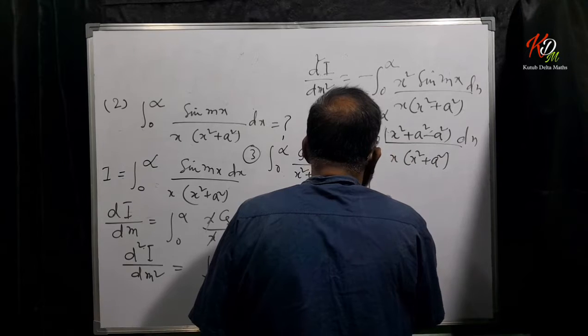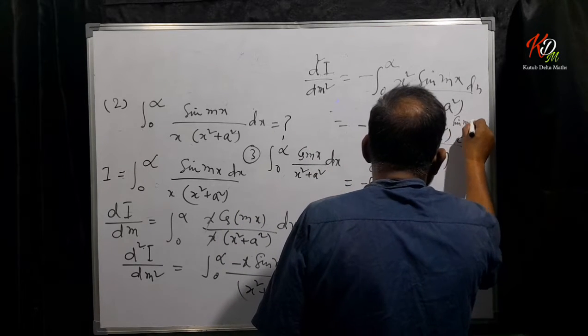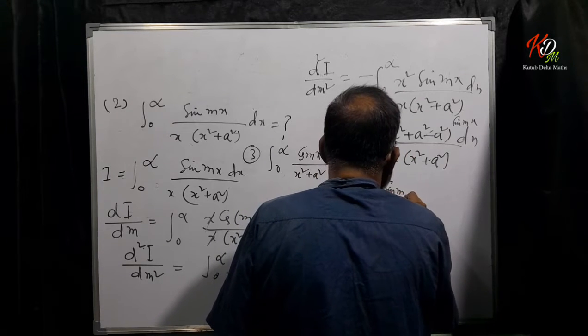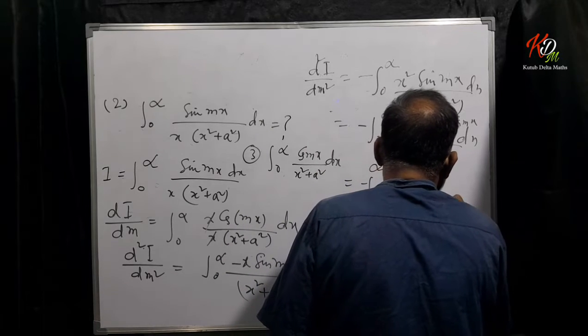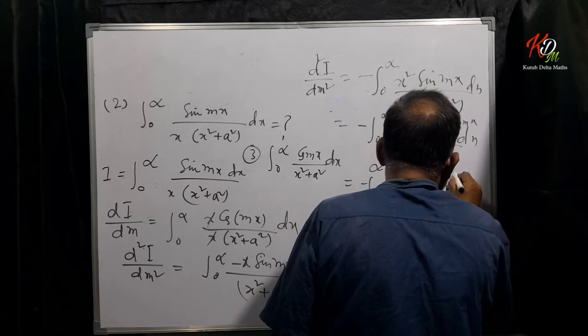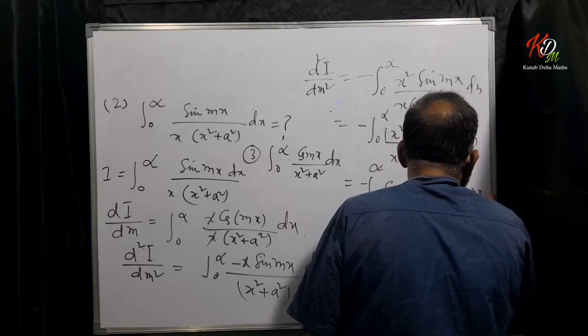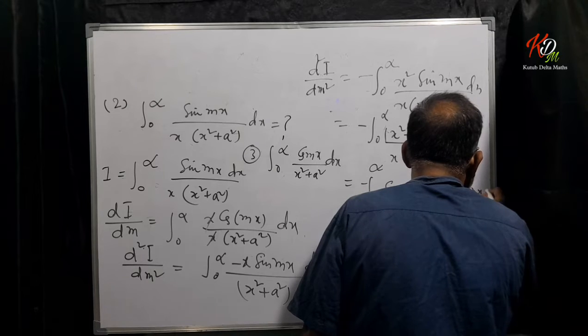That means 0 to infinite sin mx by x dx plus a square 0 to infinite sin mx by x square plus a square dx.